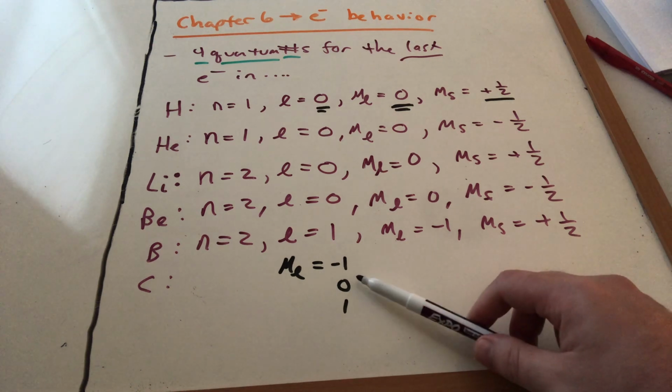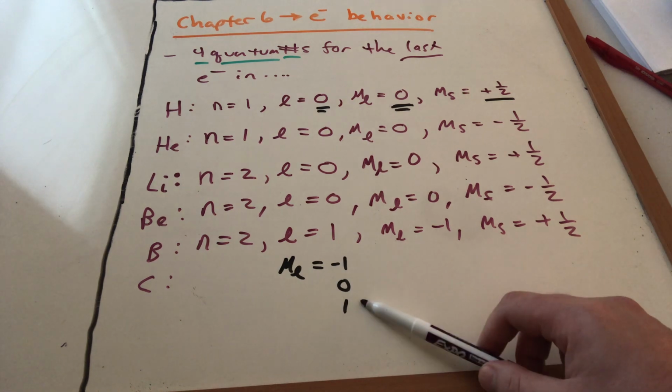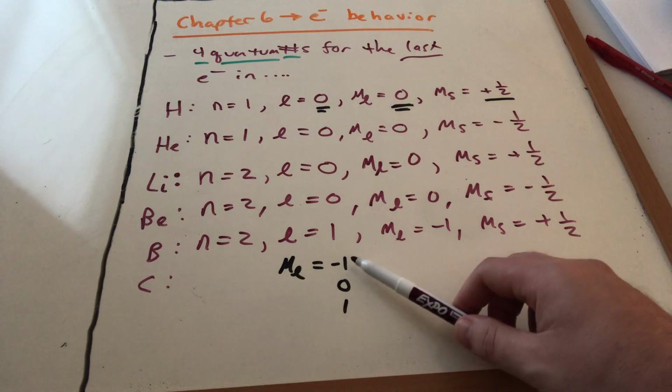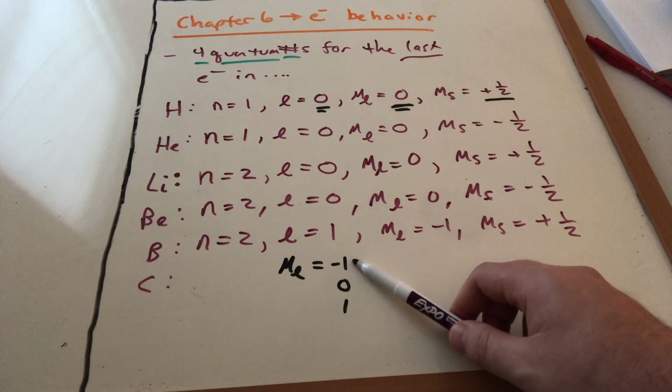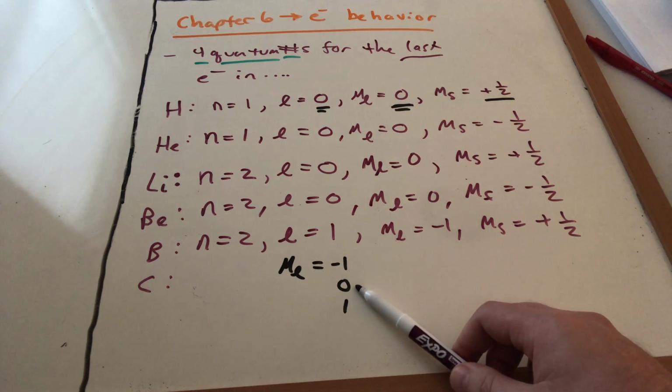Sure, there's 3. So what does Hund's rule tell us? We put 1 in each, all spin up before we double up. So we put 1 in here, so where are we going to go next for carbon's last electron? We're going to go here.